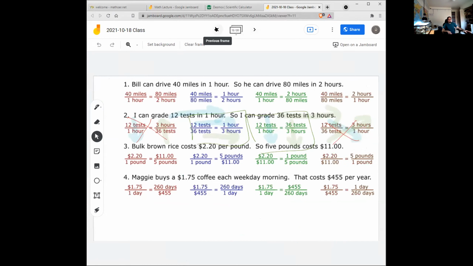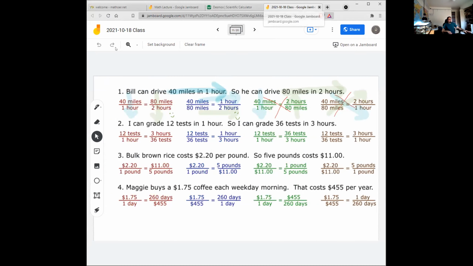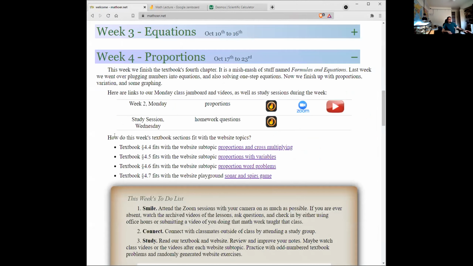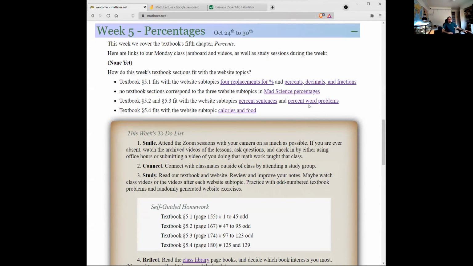This one, remember this stuff? That was sort of our magic page last time. And hopefully this made the proportion word problems easier for you to change from English sentences into math equations. So you could do things like that. So with our new Jamboard, we don't have a single magic page this week, but we're going to build up to how to do percent word problems that way.